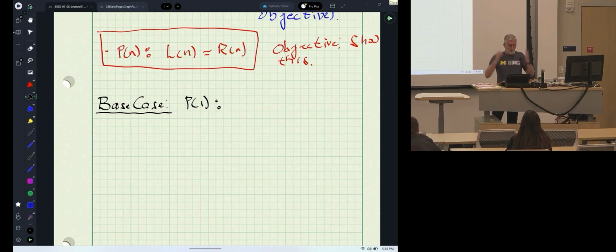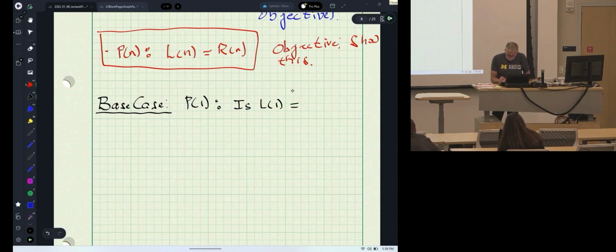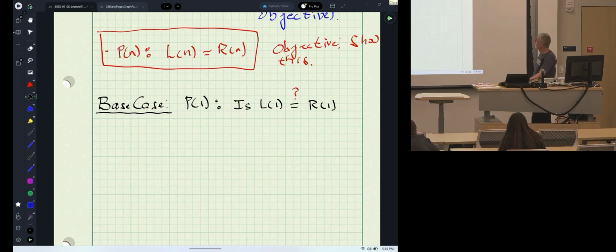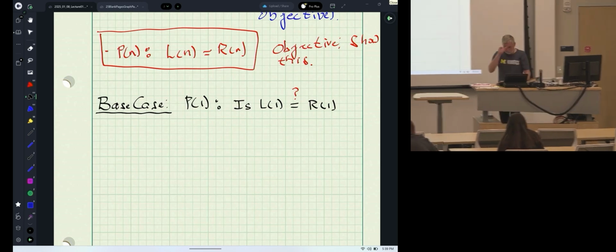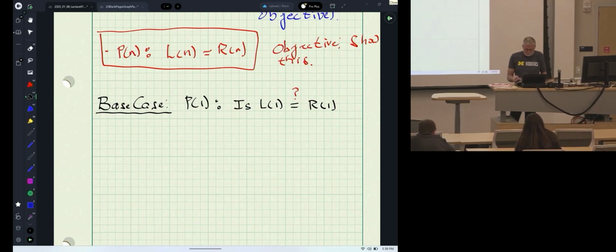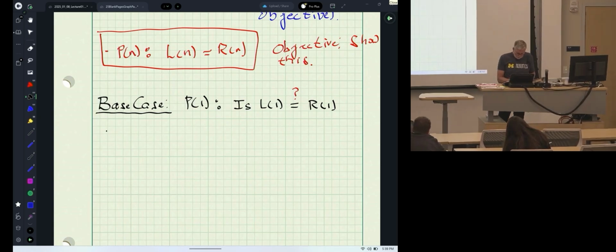P of 1. And all P of 1 is asking is: is L of 1 equal to R of 1? I'll put a question mark over it because we don't know, we're going to check it. That's all P of 1 is. L of 1 is the sum of 1.